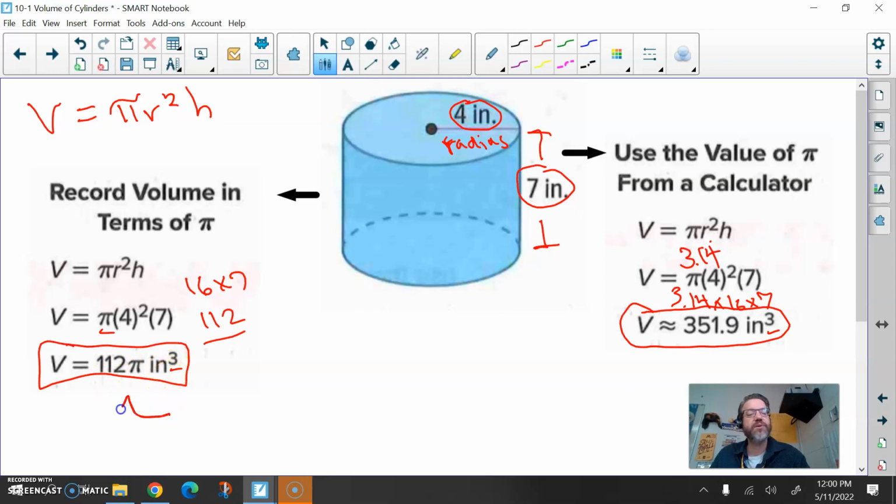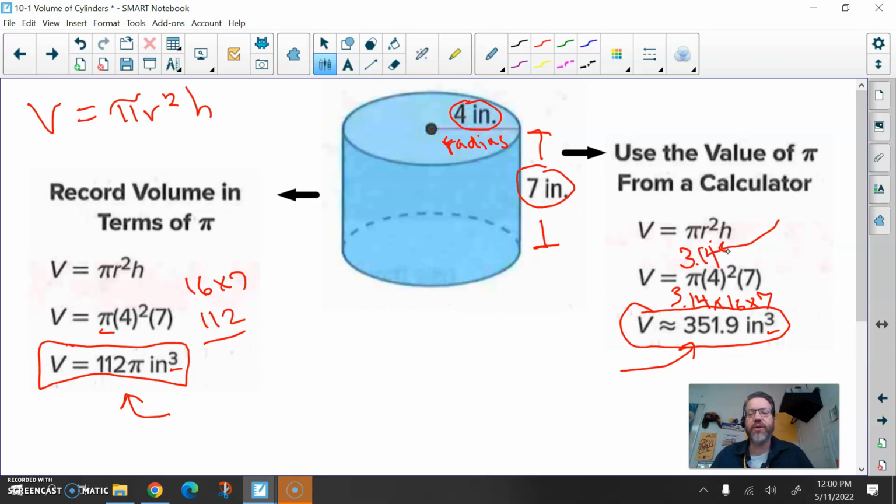Now, the reason a person might want to give this in terms of pi instead of giving it as a decimal is because once you put something in for pi, like 3.14, for example, you've rounded. Because pi isn't 3.14. It's 3.1415926535. It's irrational.